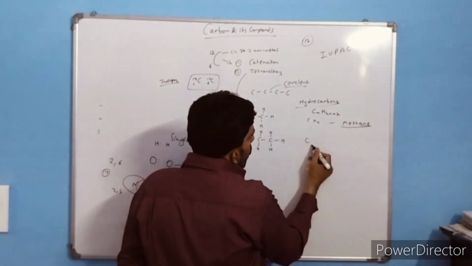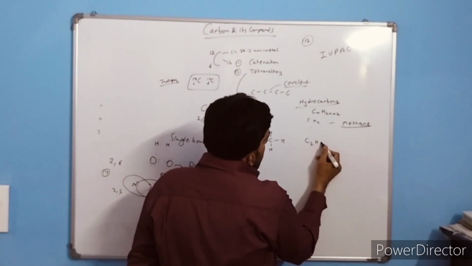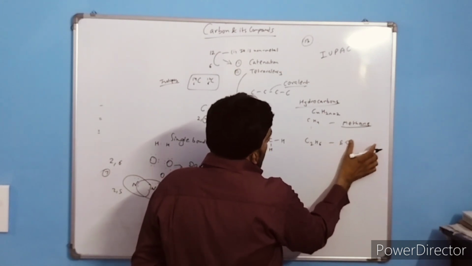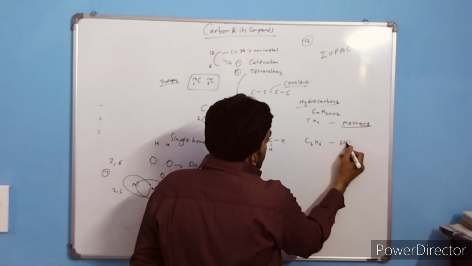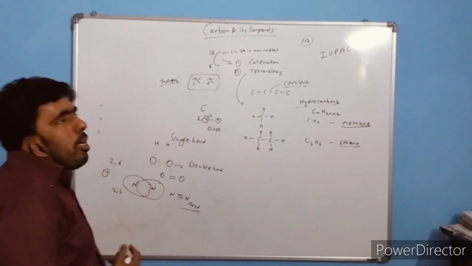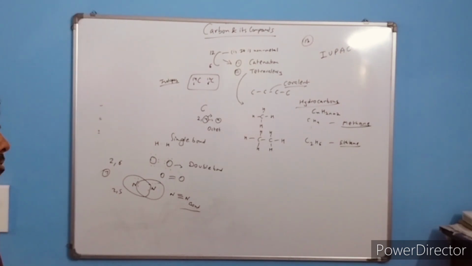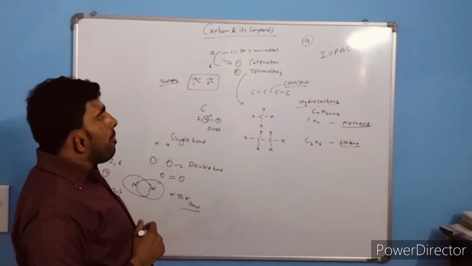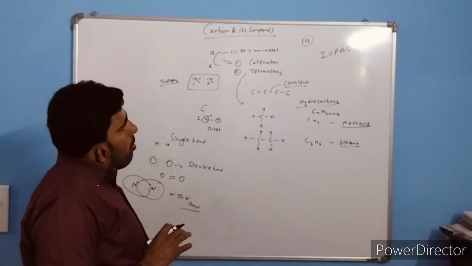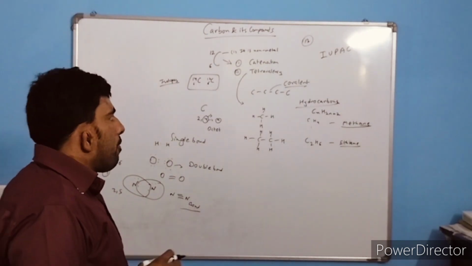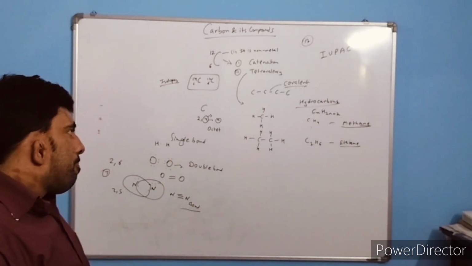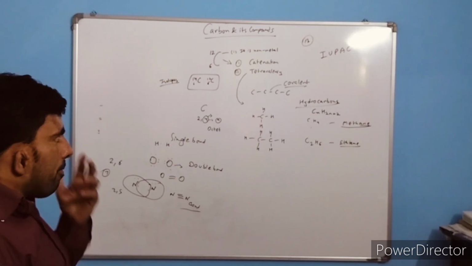If I put n = 2, H will be 6. Two carbons are there, and "ane" is for the single bond. Later on we'll discuss how this name changes. A lot we have to discuss, but first concentrate here. This is ethane. We have two carbons.